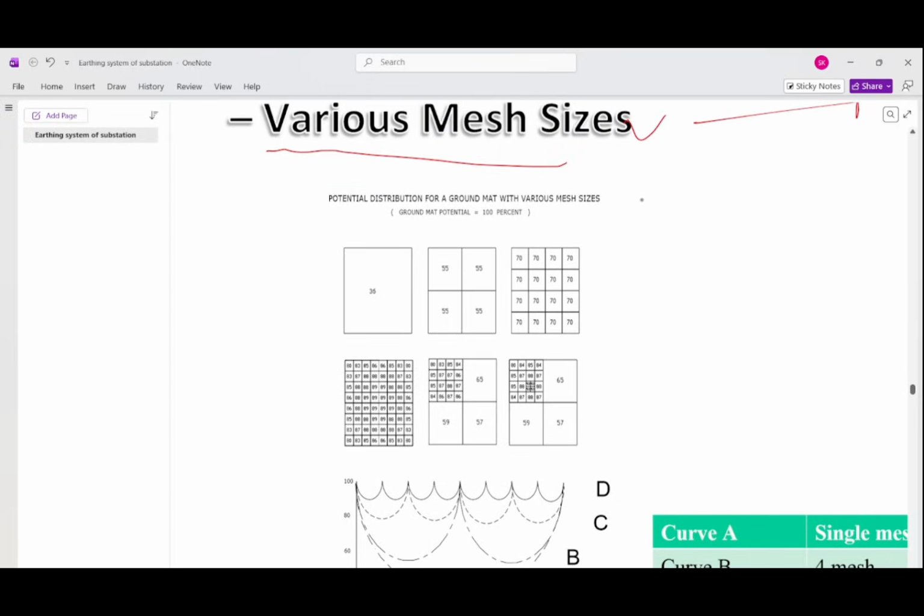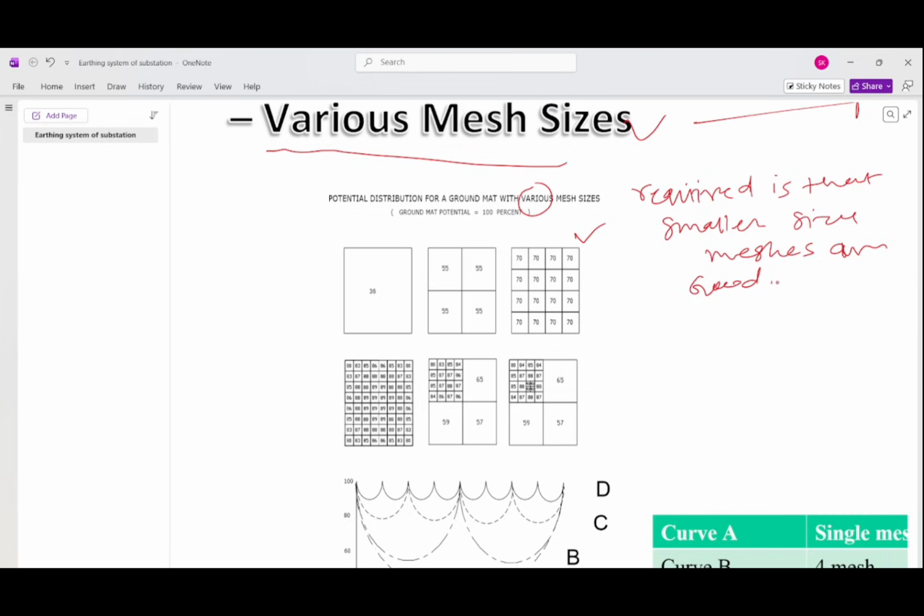Various mesh sizes are given here, and we will discuss what that means. But for higher voltage substations, smaller size meshes are required, and are good for maintaining equipotential bonding.